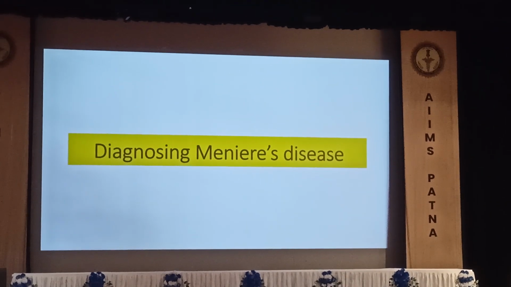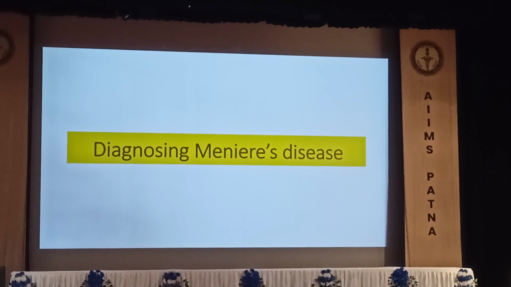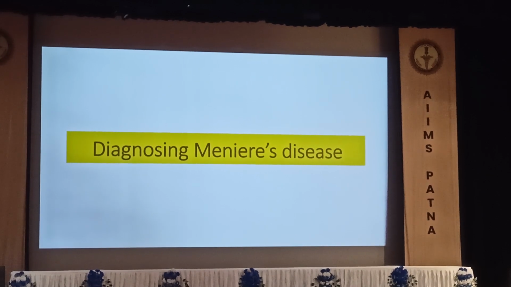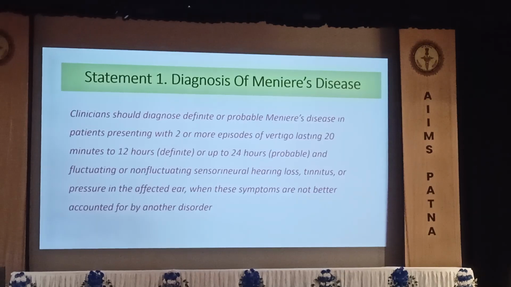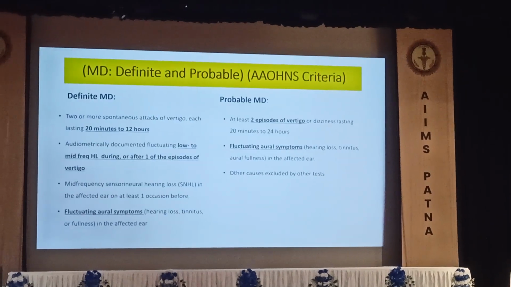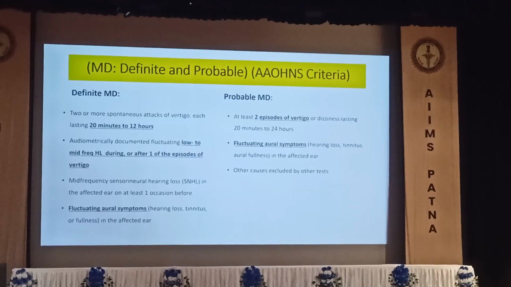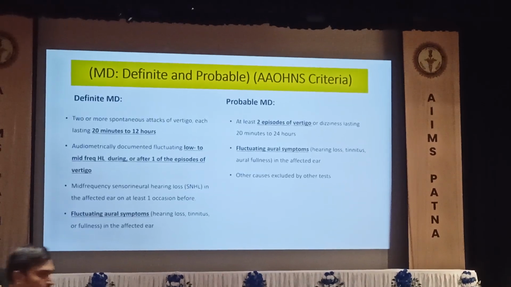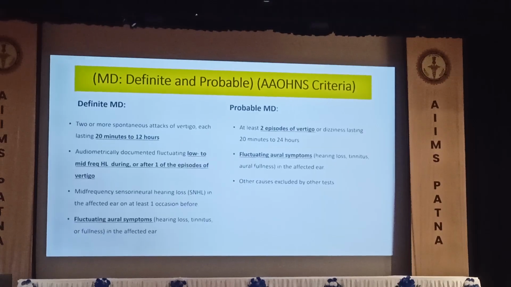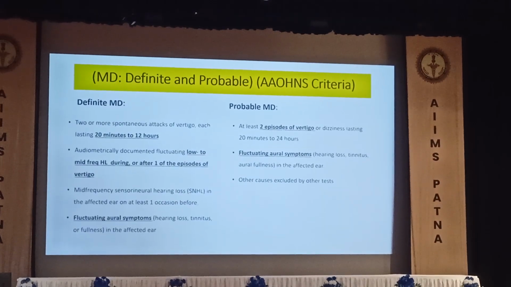So let's do this as a learning process. Diagnosing Meniere's involves a strict guideline by the Academy, which differentiates between definite and probable. What is definite? Definite is two or more spontaneous attacks of vertigo, each lasting 20 minutes to 12 hours.